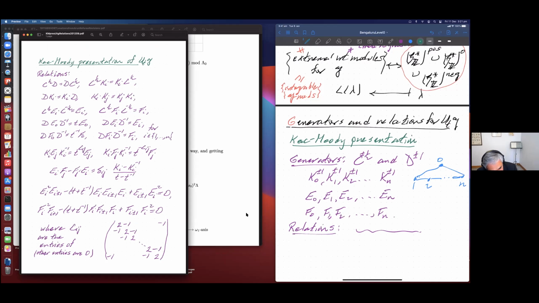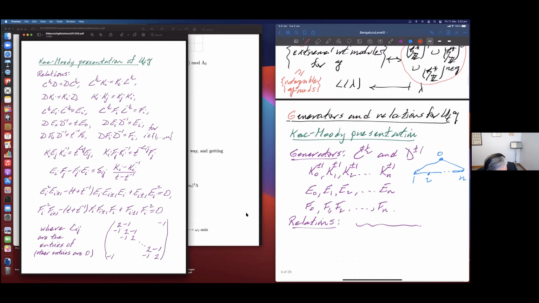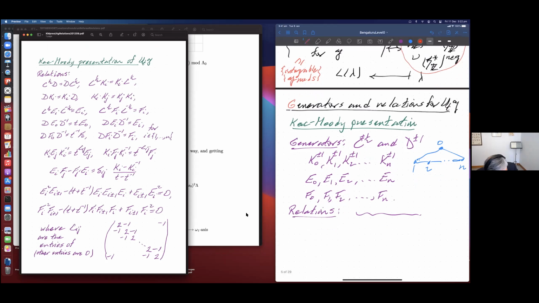So presumably, because this is a bit unpleasant, Drinfeld made a wonderful comment in his paper. He says, fortunately, U_q(g) has another presentation.